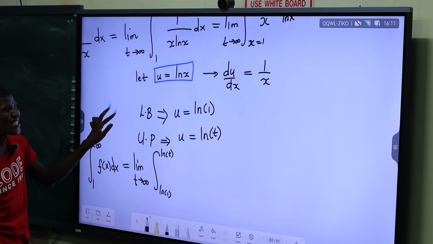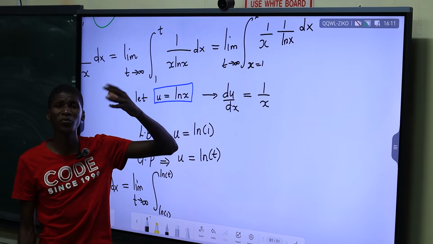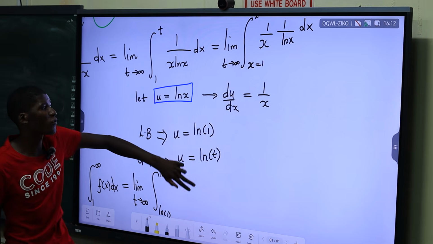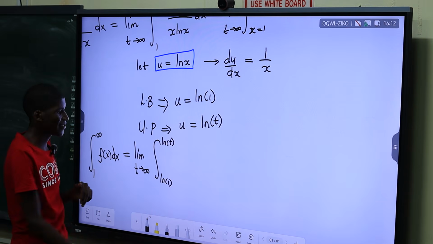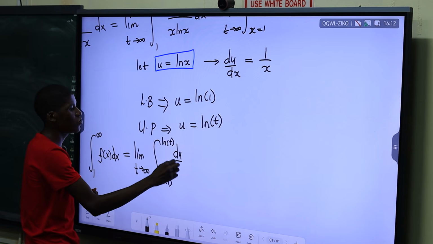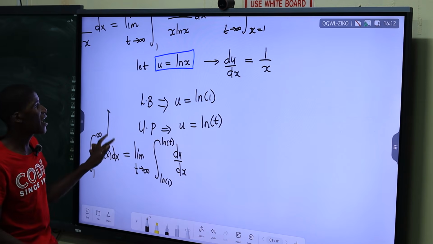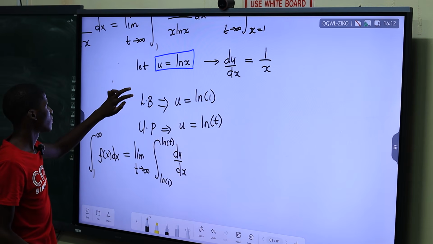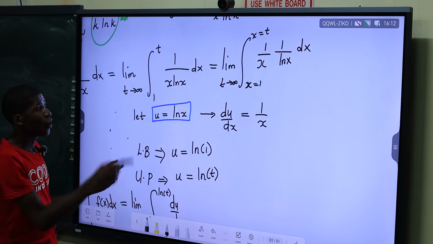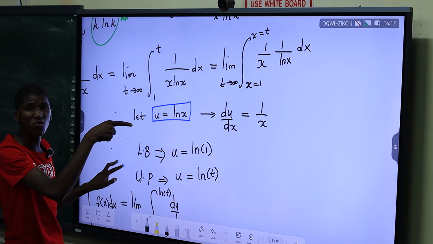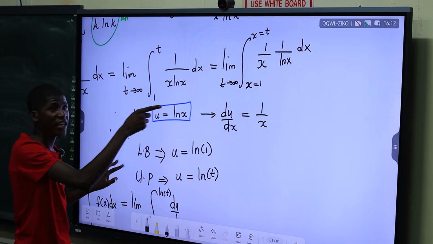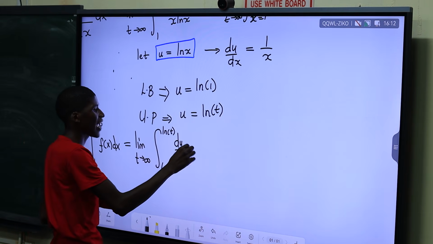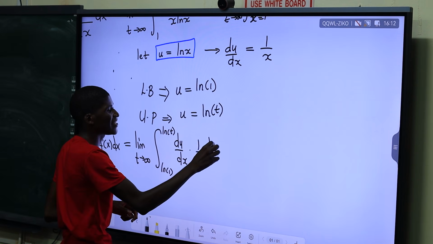And then the expression, I'm not going to bring back x now, I'm going to put everything in terms of u. The 1 over x in terms of u is du dx. You see, I'm saying it is du dx. And then the other one, 1 over ln x in terms of u is 1 over u. Where there is ln x, we're just going to replace it with u. So this is times 1 over u, but there's another dx there.